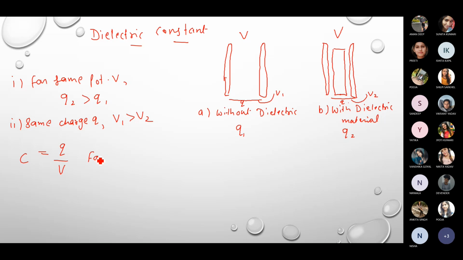So you can say that capacitance is inversely proportional to the potential difference and it is directly proportional to the charge stored. Okay, so higher is the charge stored, higher will be the capacitance of the capacitor. However, it is inversely proportional to voltage. So this is what we can conclude from these two observations, observation 1 and observation 2.